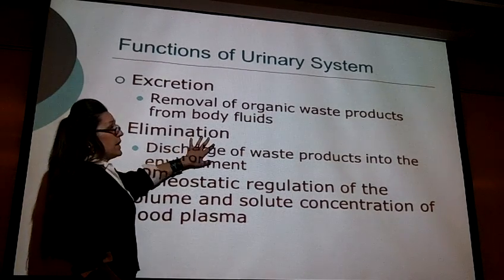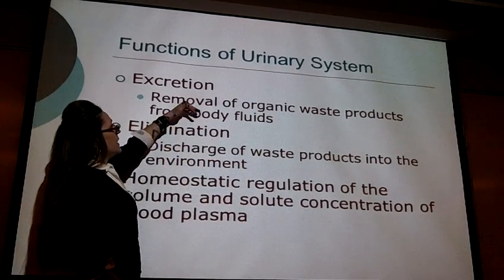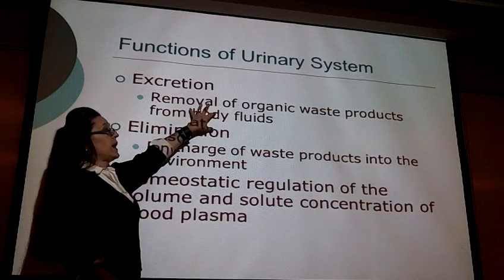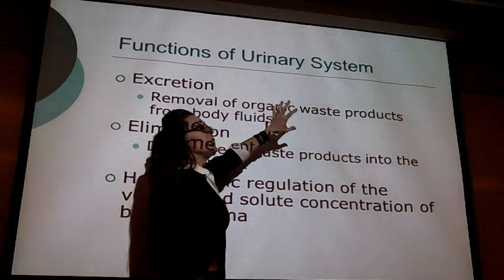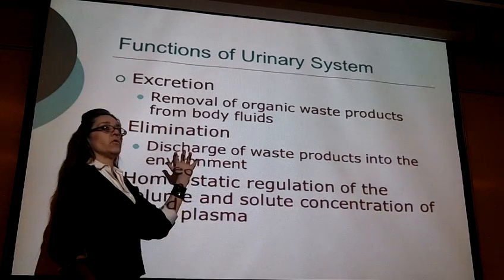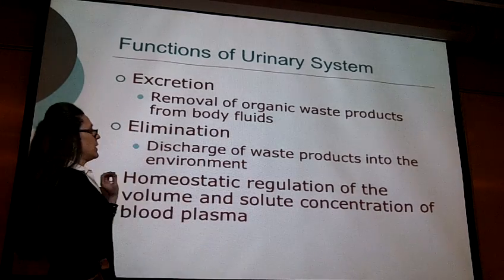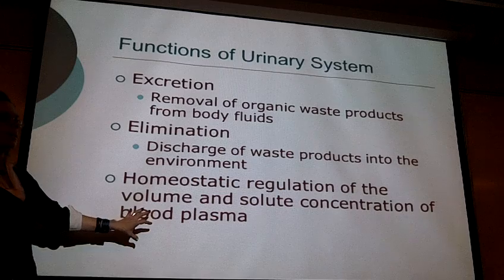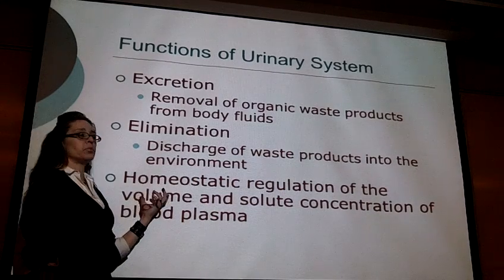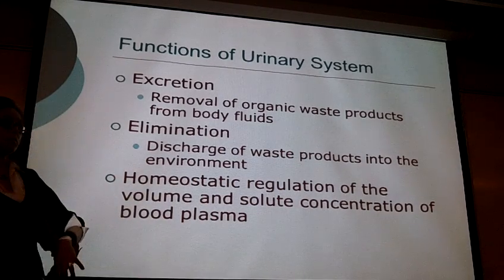We have to eliminate those products, so we've got to get them out of our blood and into the urine, and then we've got to get that urine out of the body.